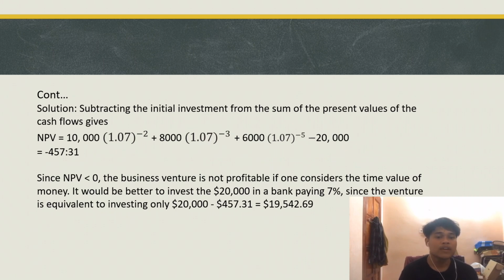If one considers the time value of money, it would be better to invest the $2,000 in a bank paying 7%, since the venture is equivalent to investing only $2,000 minus $457.31. That's all. So now I will give to Nasir to continue his presentation.